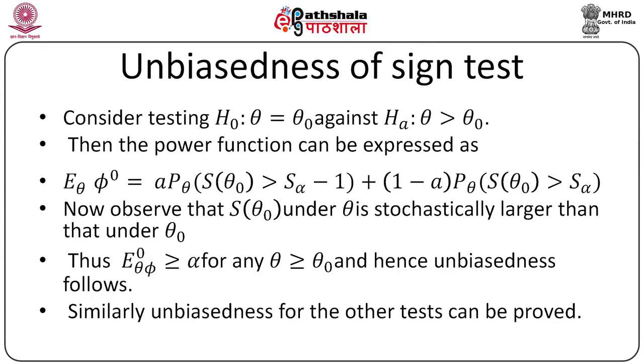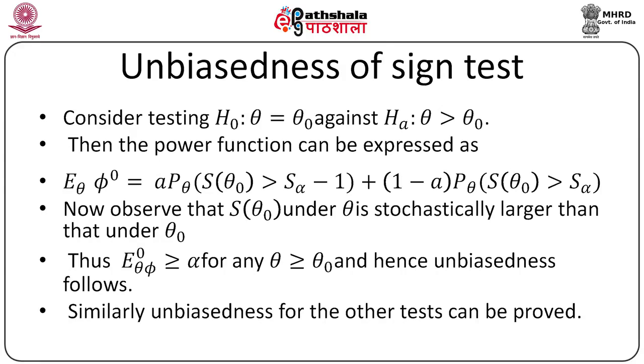Using these, we find that expected value of phi naught, that is power function, exceeds probability S theta naught greater than S alpha plus A probability S theta naught equal to S alpha, where both the probabilities are evaluated under theta naught. Then the right hand side of the above is nothing but expected value of phi naught under theta naught, which is again nothing but alpha.